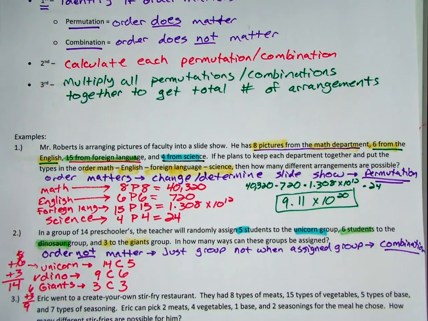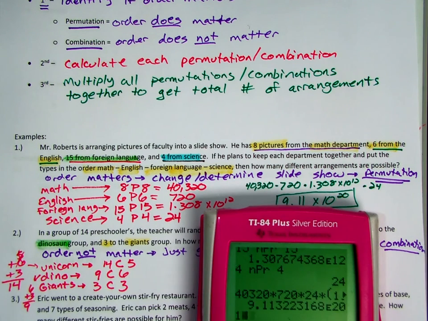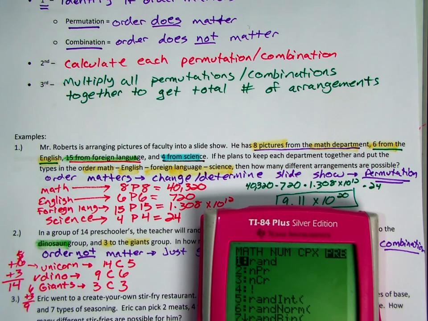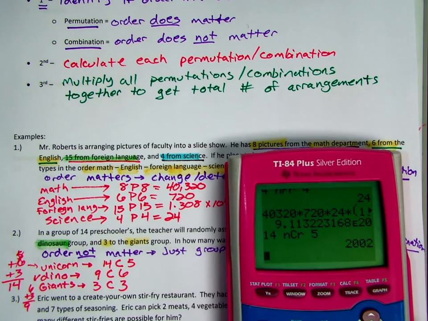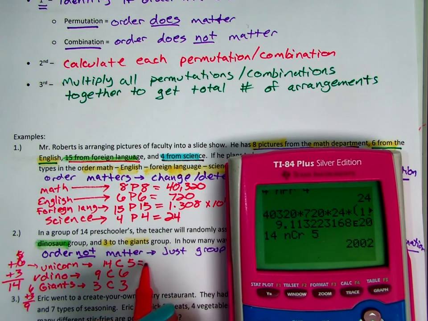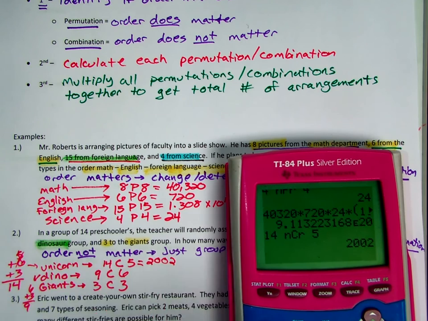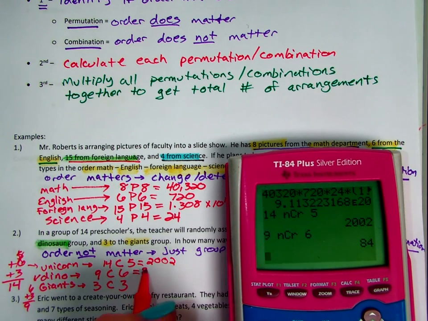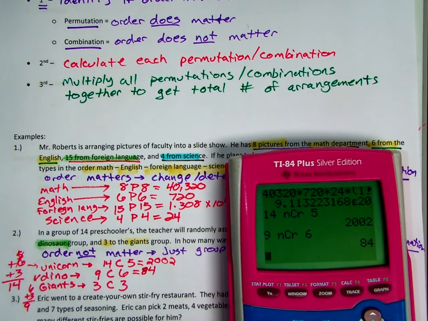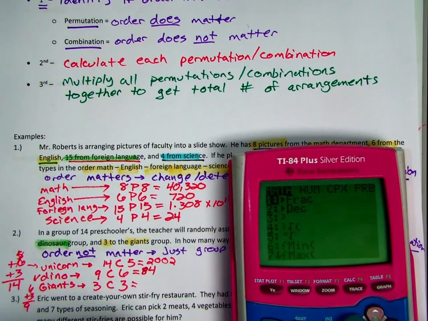So now we can type each one of those into our calculator, right? 14 choose 5 is 2002. 9 choose 6 is 84. And 3 choose 3 is 1.